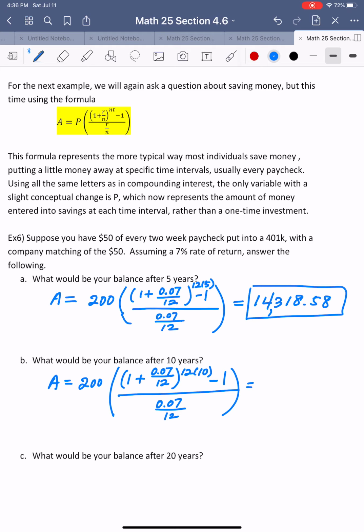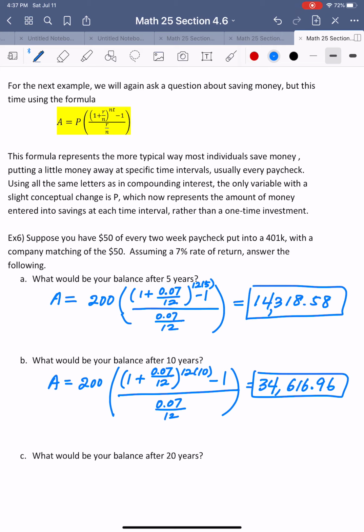So 200 times 1 plus 0.07 divided by 12, and then to the power of 12 times 10, subtract 1, and divide by 0.07 divided by 12. Okay, so I get $34,616.96. So even though 5 years is about 14,000, and 10 years is only 5 years later, it's more than double, right?